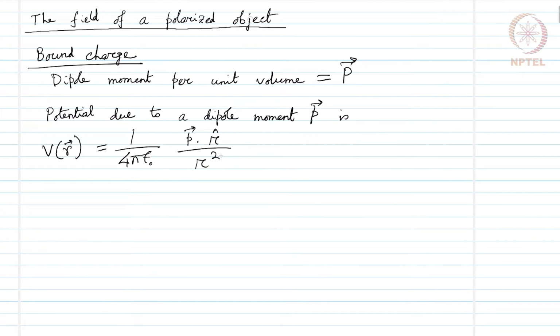So, this is the potential due to a dipole with dipole moment small p.